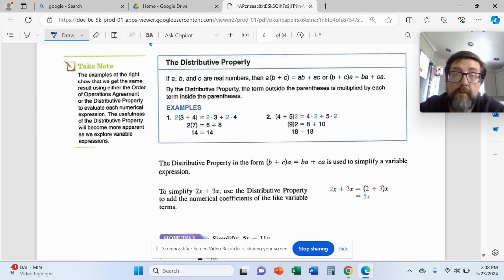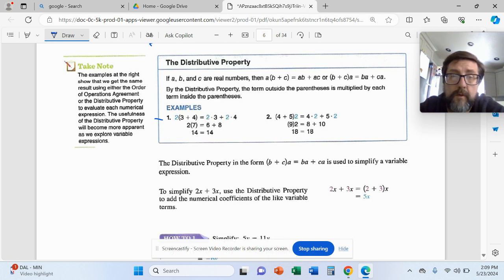By the distributive property, the term outside the parentheses is multiplied by each term inside the parentheses. So, example number 1, you have 2 times 3 plus 4, which would be 2 times 3 plus 2 times 4.